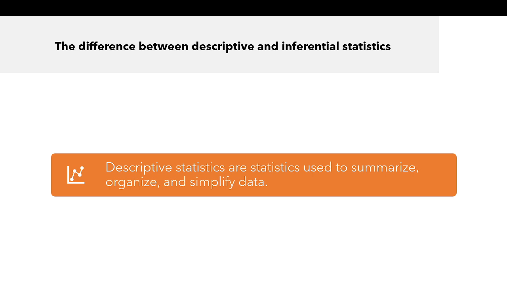If I show you a table of data, it is much easier to make sense of that rather than producing all the raw collected data. It helps us make more sense if we produce these tables, these graphs, and so on.